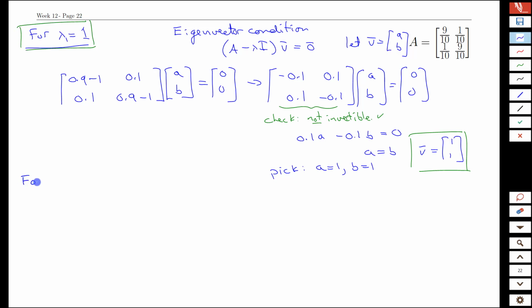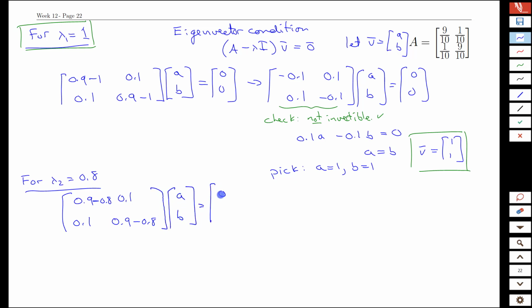And now we repeat for lambda 2, which was our 0.8 eigenvalue. We build our matrix 0.9, 0.9, 0.1, 0.1, copying this matrix here, and then we subtract down the diagonals. And we take that matrix, we multiply it by our a, b numbers that we're looking for, and we set that equal to 0.